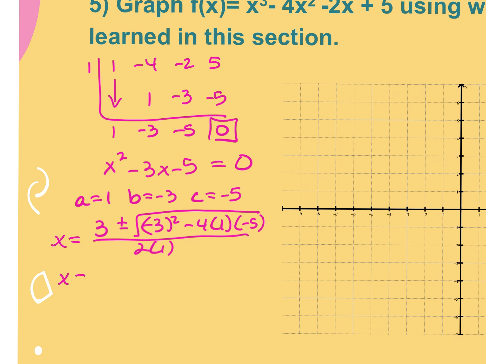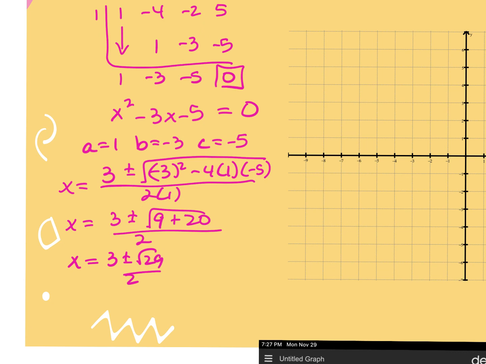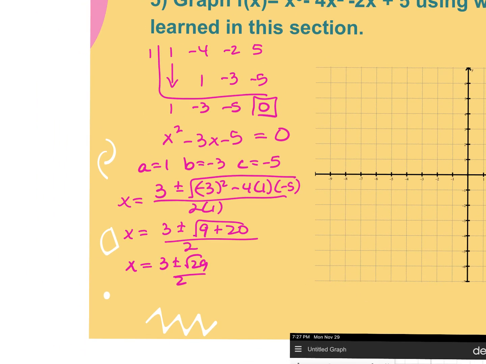So again, let's simplify what's under the square root. 9 plus 20, divided by 2. x equals 3 plus or minus the square root of 29 over 2. And again, I can separate it. So remember, you have your original one, x equals 1, x equals 3 minus root 29 over 2, and x equals 3 plus root 29 over 2.